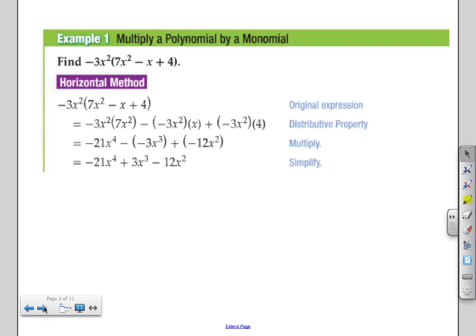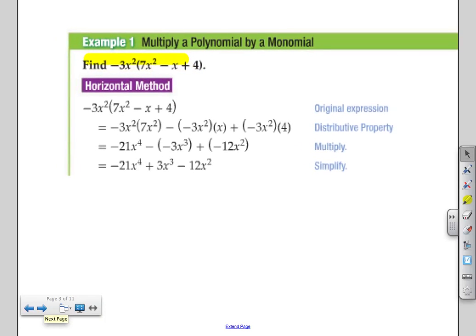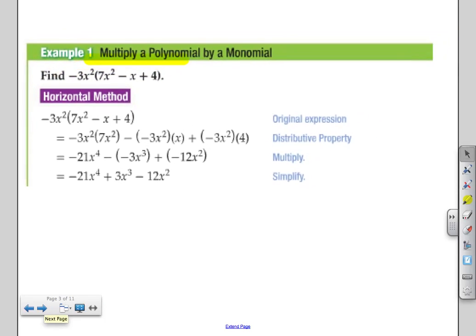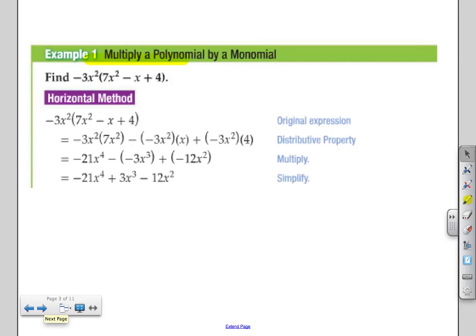We have negative 3x squared, and we're going to distribute it into this entire phrase inside the parentheses. All right? So we'll rewrite our problem. We're going to do this times this, this times this, and this times this. And you'll see that's exactly what they've done in our sample problem.